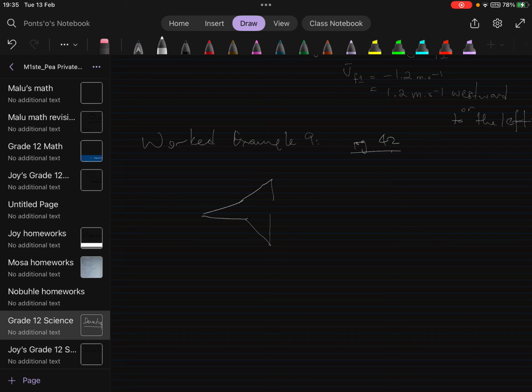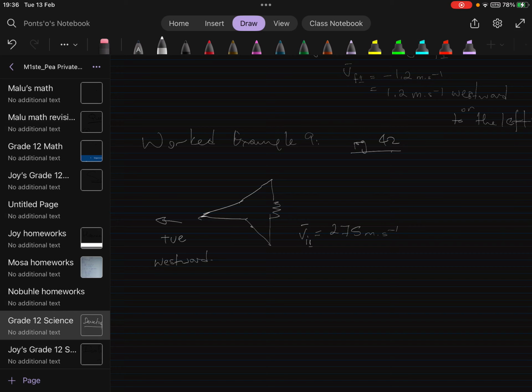It tells us that a fighter jet loaded with a missile is flying, let's say, to the left, and that direction is positive. So it's flying westward, and it's flying at a very high velocity of 275 meters per second.